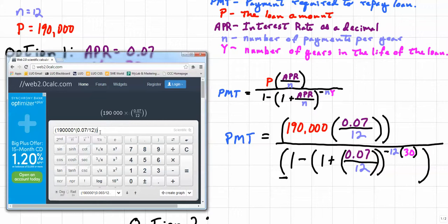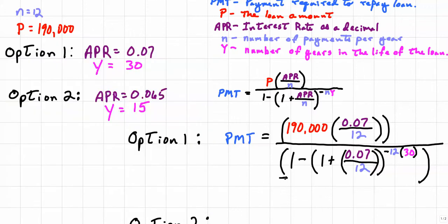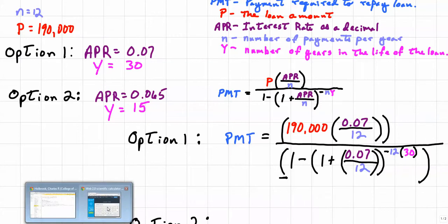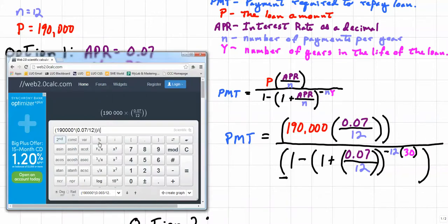Okay. Now I'm going to divide, and once again I'm going to open up parentheses. Once we open those parentheses, we begin to type, and we have 1 minus, we come to another set of parentheses right here, so we're going to go ahead and open that up.